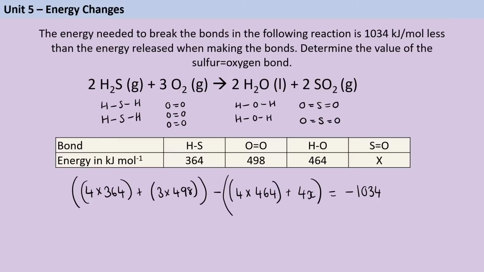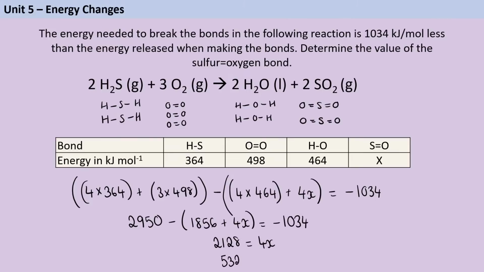And then on the right-hand side, I've got 4 lots of 464, and I've got 4 lots of this bond that I don't know about, so I would just call it X. They've told me in the question that the overall energy change is going to be minus 1034. From there, I can do a lot of expanding, and I can work out that it's going to be 2128 for X, and therefore the value for X is going to be 532.